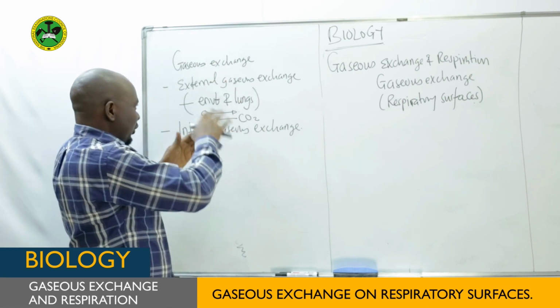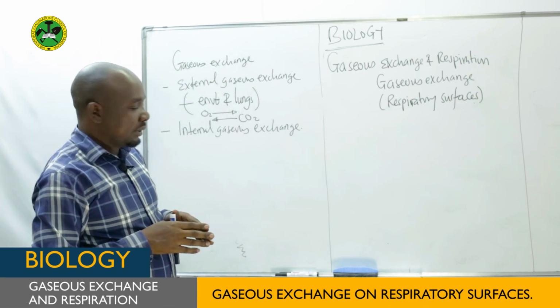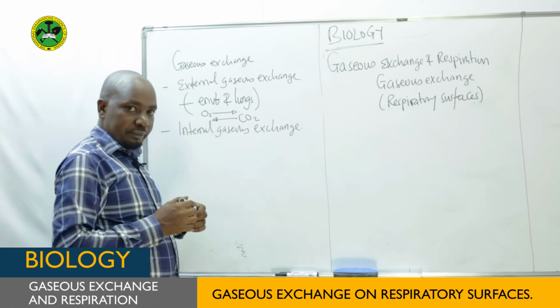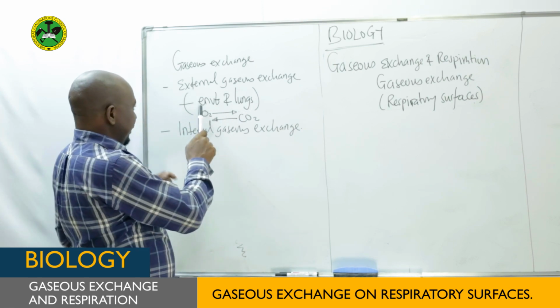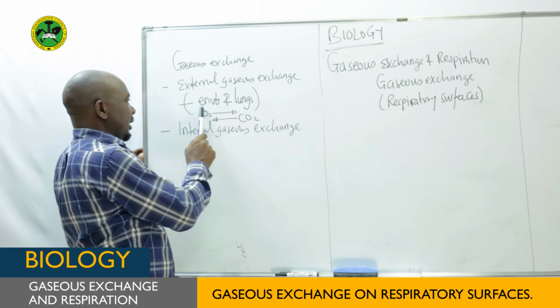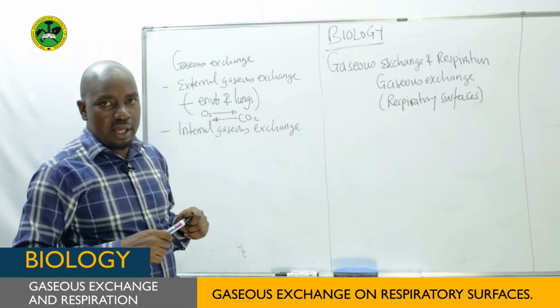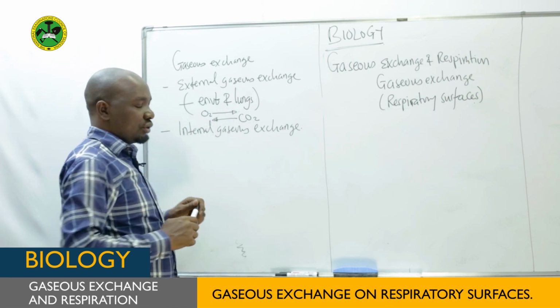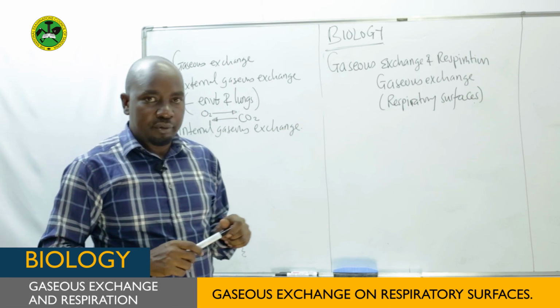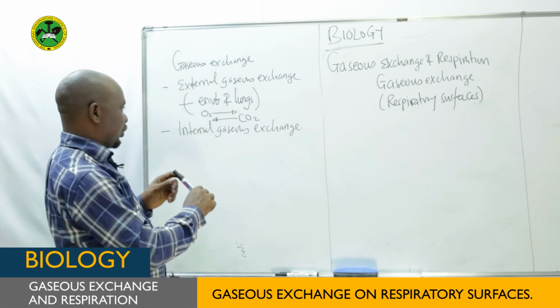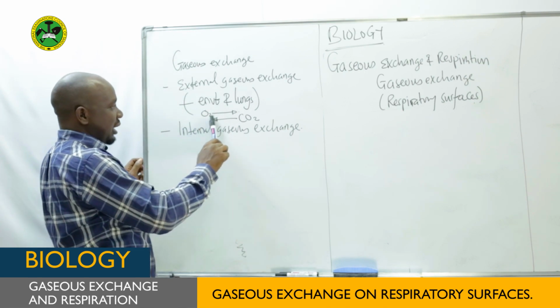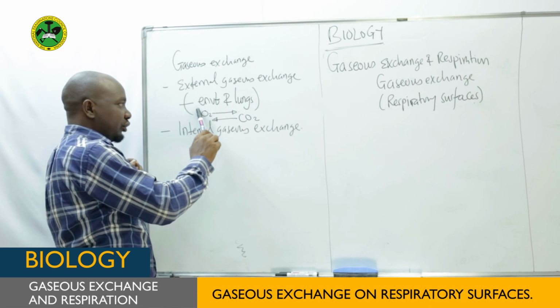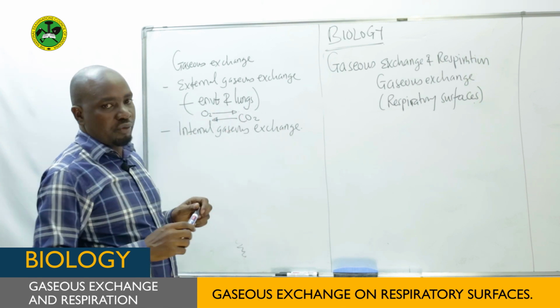The mechanism of gaseous exchange is by diffusion. The partial pressure of oxygen in the environment is higher than the partial pressure of oxygen in the lungs. Therefore, oxygen will diffuse from the area of high partial pressure, or higher concentration, to the area of low concentration.